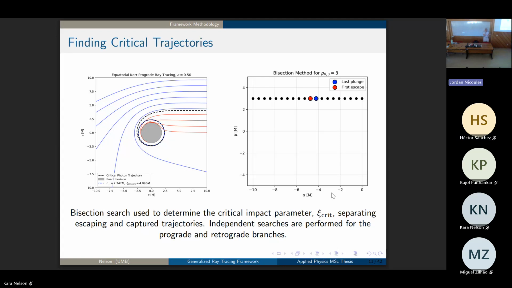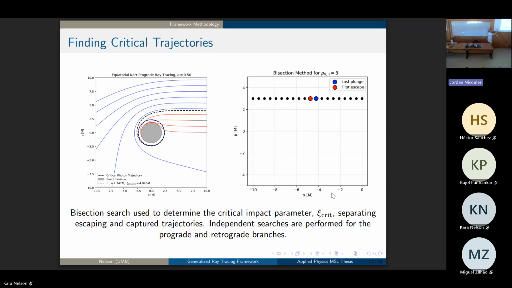We classify whether they escaped or whether they plunged. And then we take the last one that plunges and the first one that escapes, and that becomes a new bracket. Then we iteratively cut it in half and reclassify. We get closer and closer to this critical impact parameter. You can set this tolerance to however many digits you want. We did 10 to the -6, but you can easily make that even closer.